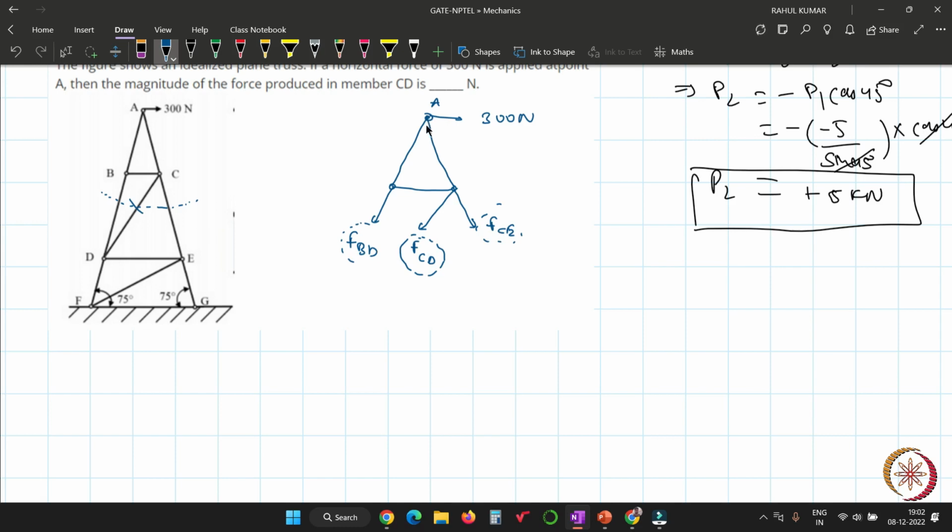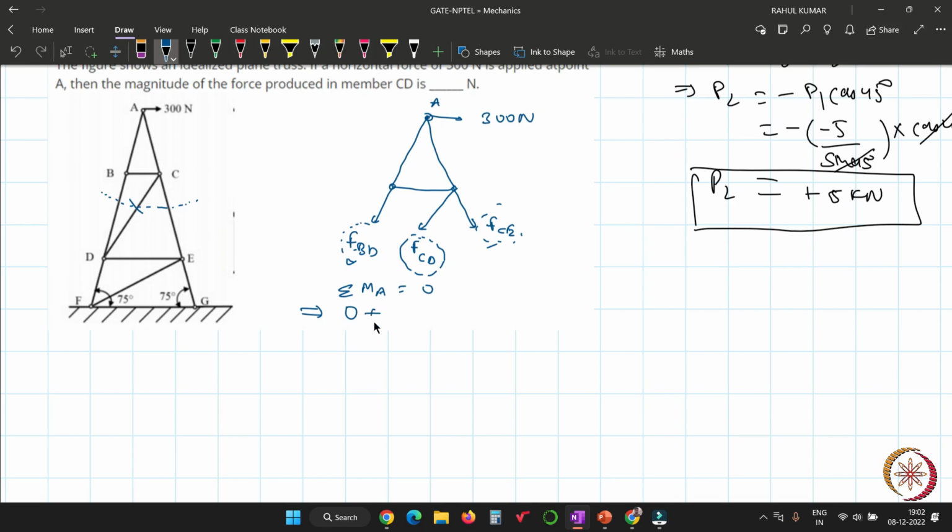If forces pass through the point about which you take moments, their contribution to the moment about that point is zero, because there is no perpendicular distance for these two forces.